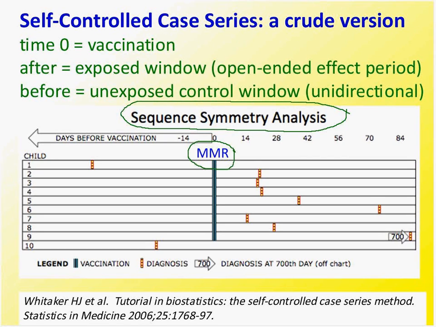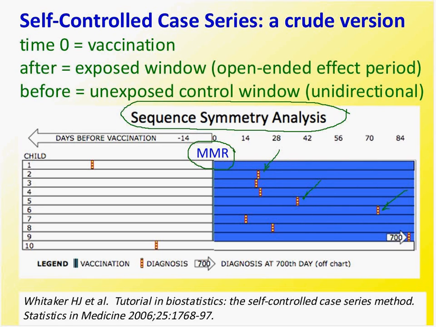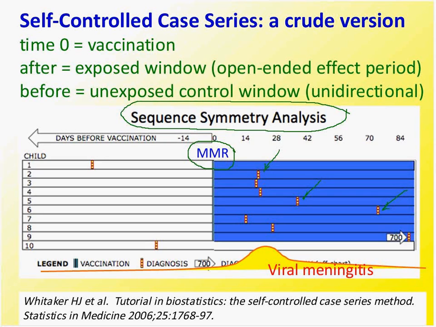Here it is for measles, mumps, and rubella, and these are dates of diagnosis of meningitis, and you can see that there's asymmetry of meningitis diagnoses after the immunization compared to before. So that's a very crude type of self-controlled case series where we're seeing the exposure at time 0, t equals 0.